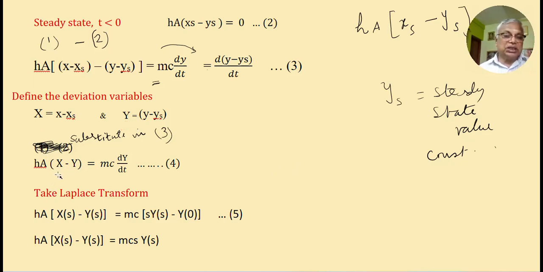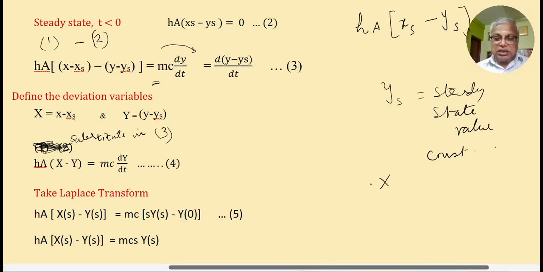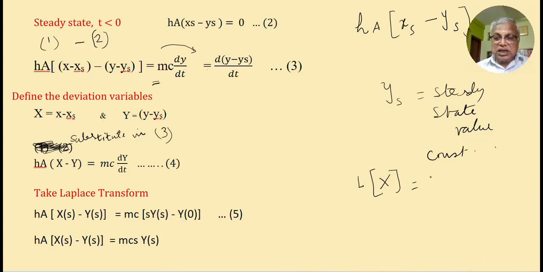So when you take Laplace transform of x, it becomes x of s. The capital X means x of t is understood. So L of x of t is x of s.